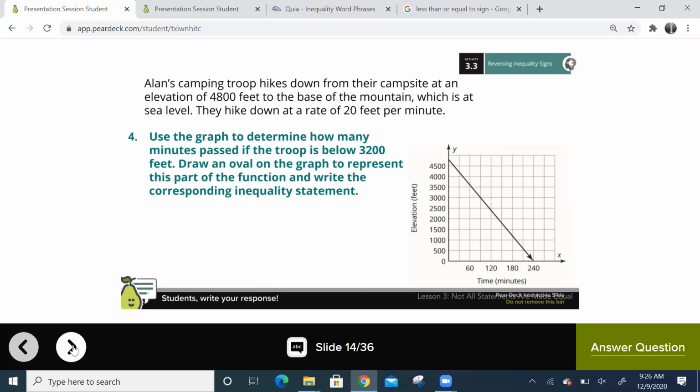Use the graph to determine how many minutes pass if the troop is below 3,200 feet. Draw an oval on the graph to represent this part of the function and write the corresponding inequality statement. So 3,200 feet would be right about here somewhere.